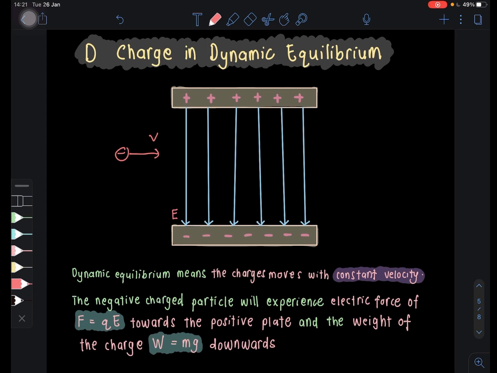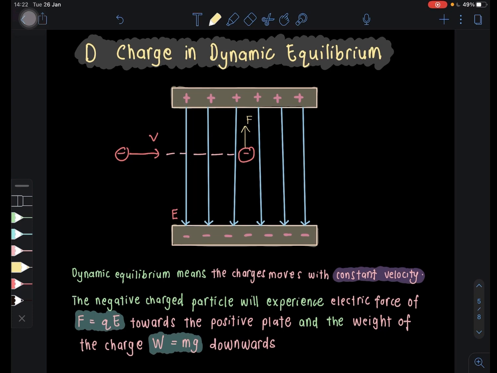As it enters this uniform electric field, it will just move along a straight line. Why does it move along a straight line? Because there is actually a force exerted on it. Because this one is negative, there is an electric force attracting it to the positive plate.